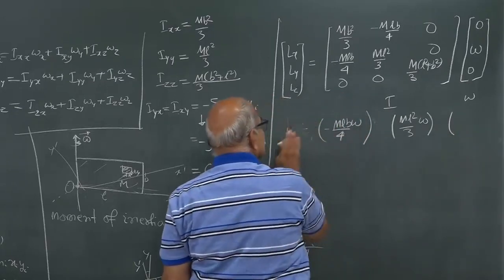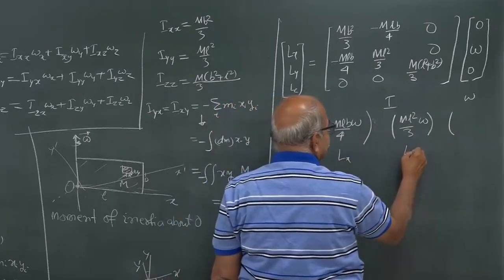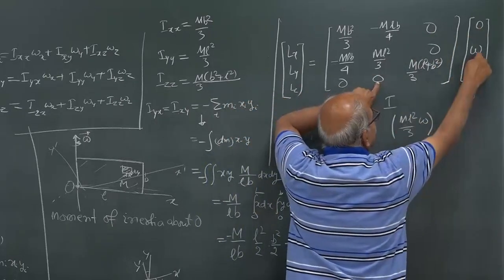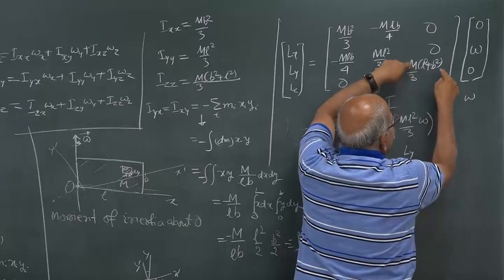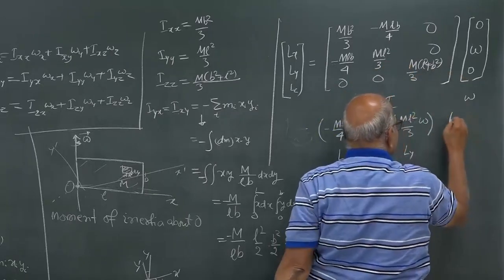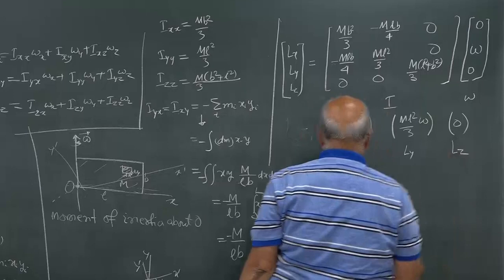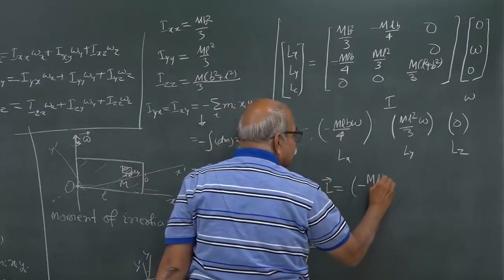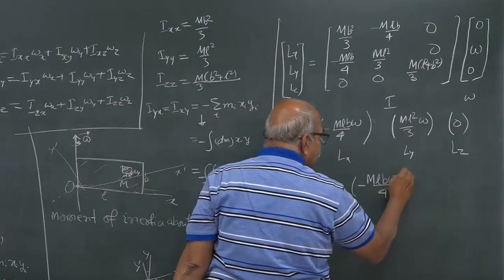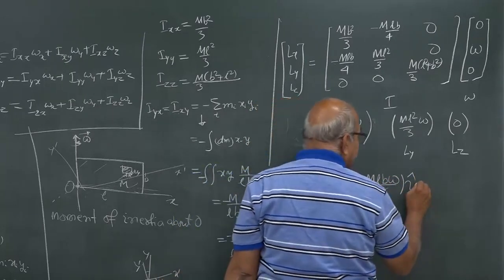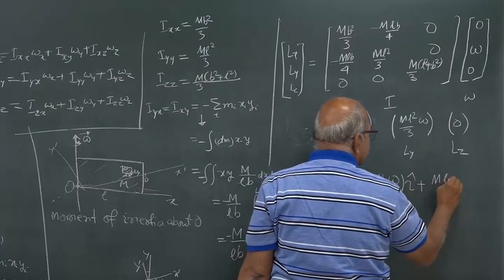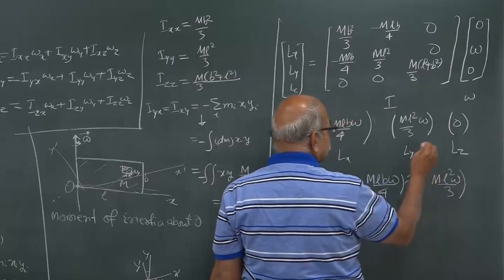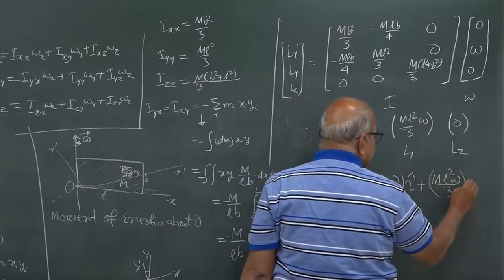And Lz is 0 into 0, 0 into omega, and this quantity into 0, all 0. So this is Lz. That means L is minus m L b omega by 4 i cap plus m L square omega by 3 j cap.